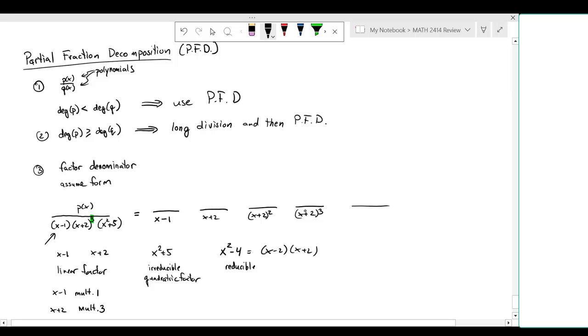And then we have our irreducible quadratic factor. If you're dealing with the linear factors, you just put a polynomial of degree one less, so a constant, even if you're doing the multiplicity business. But if you have an irreducible quadratic factor, you put a linear factor on top.